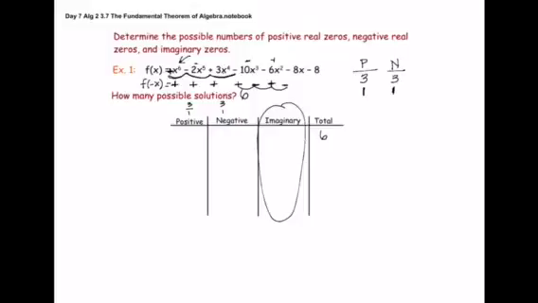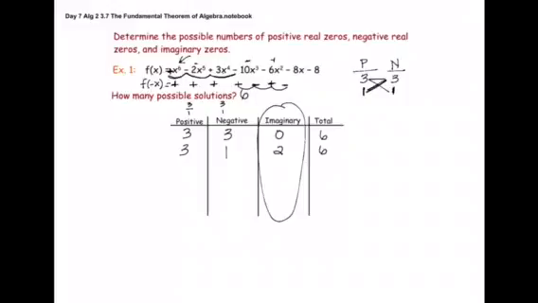So we're going to say we could have a possibility of 3 positives, 3 negatives, which would leave us 3 plus 3 is 6, 0 imaginary. We could also have a possibility of 3 positives, 1 negative, 3 plus 1 is 4, and that would give us an imaginary number of 2 to get to our total of 6.